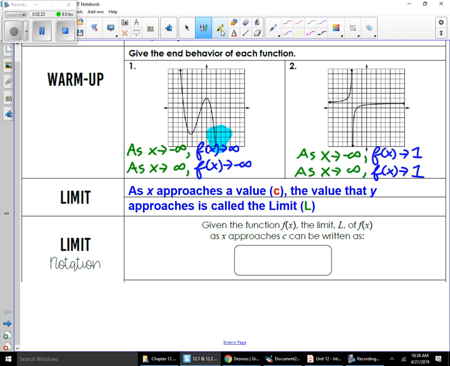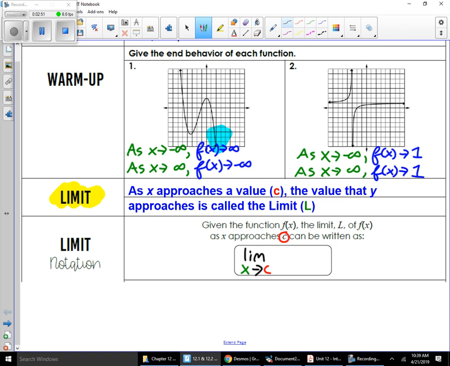In general, this concept is called a limit. As x approaches some value or infinity, the value that our y or our f of x approaches is just called a limit. We've played with this before. The notation is a bit wonky, but to describe a limit, we say that the limit, LIM, as x approaches a value, and we're going to use c for that for now.